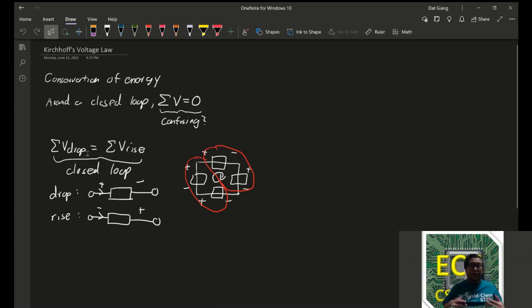However, there are some situations that you can't really bypass it, such as in the case of dependent sources. Sometimes there are situations where you really need to use general circuit analysis.